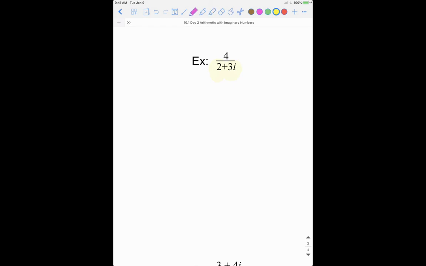What we do is multiply by something called the complex conjugate. You should have dealt with it a little bit in Algebra 2, but we'll recall it here. All you're doing is changing the sign in between your two terms and multiplying by that. We'll see in a second, this helps us cancel out any i terms that we have.